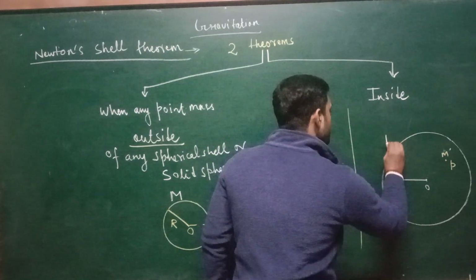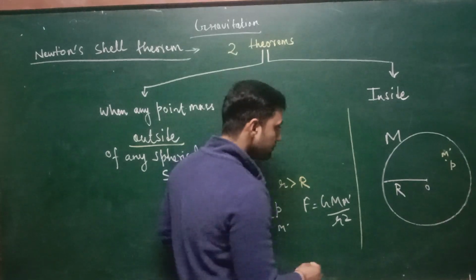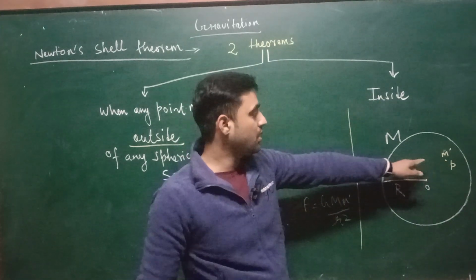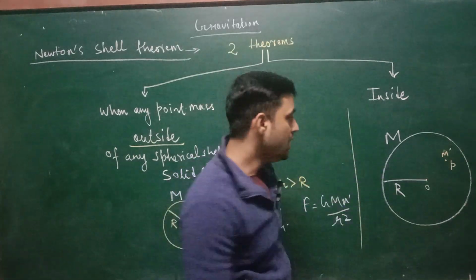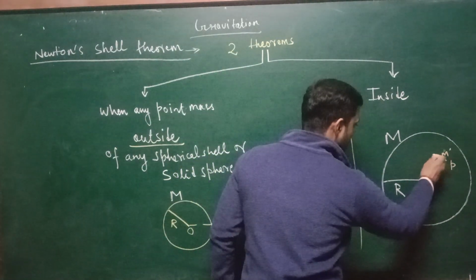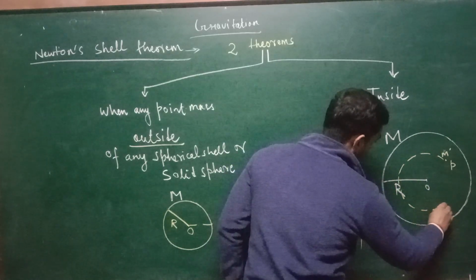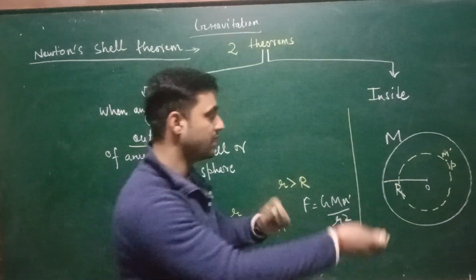Let's say the mass of this bigger spherical shell is capital M. For calculating the gravitational force experienced by this point mass m dash, which is inside the spherical shell, we first have to draw an imaginary shell inside the bigger shell.